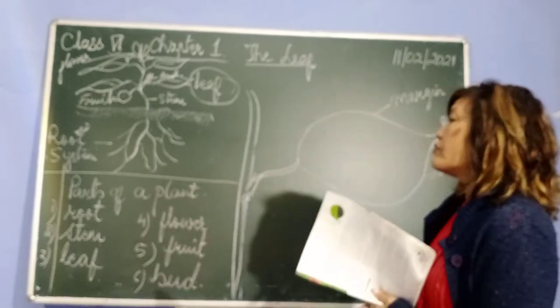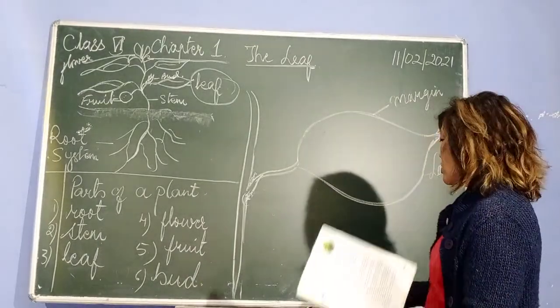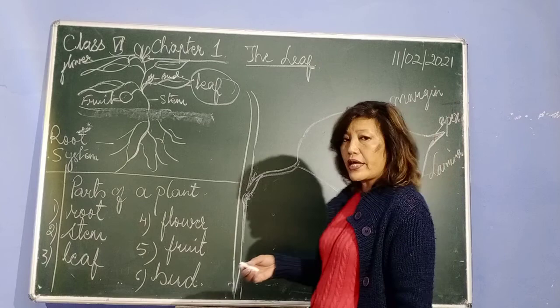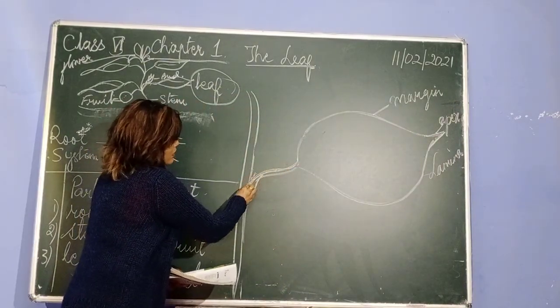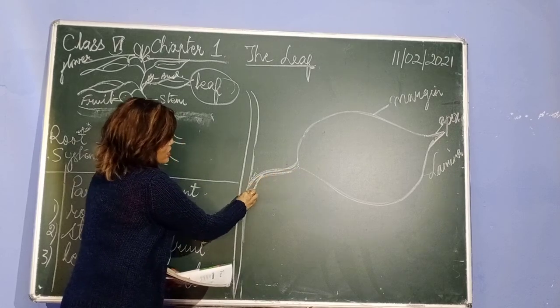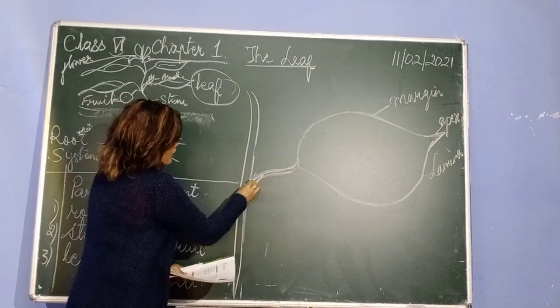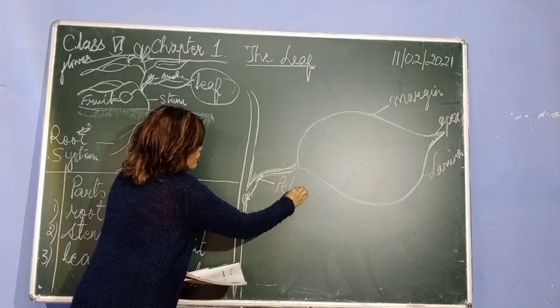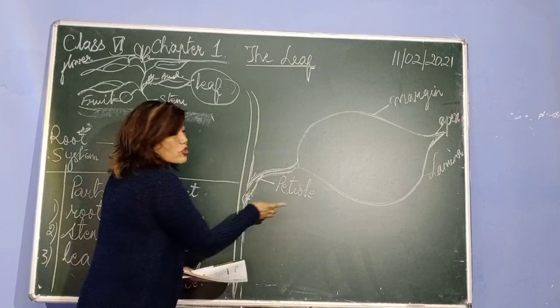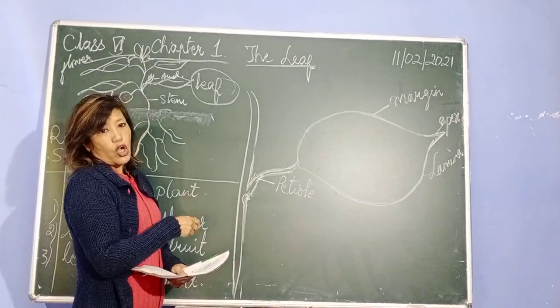Now the next part of a leaf is the leaf stalk or petiole. Can you see the short cylindrical stalk which attaches the leaf to the stem? This stalk is called petiole, or it is also called leaf stalk.